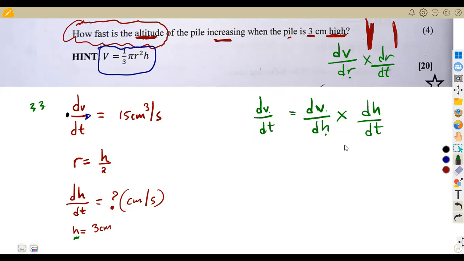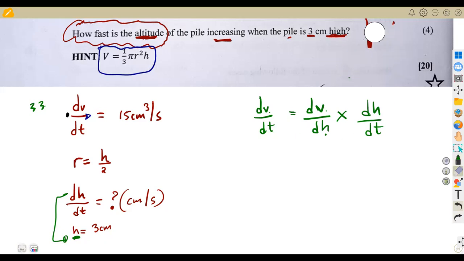If these are not canceling, the dr must cancel so that you remain with dV/dt. So the formula you use depends on what the volume is going to depend on. Here, it's affected by the height, so we take the formula that has the height. This one we are not going to use.